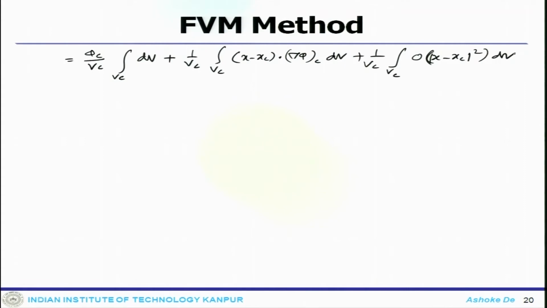So, essentially, the mean value approximation turns out to be phi C plus order of x minus x c square. That means the mean value approximation you get is second order accurate, which is a very important term.